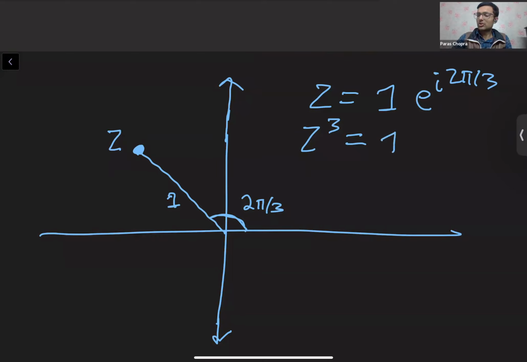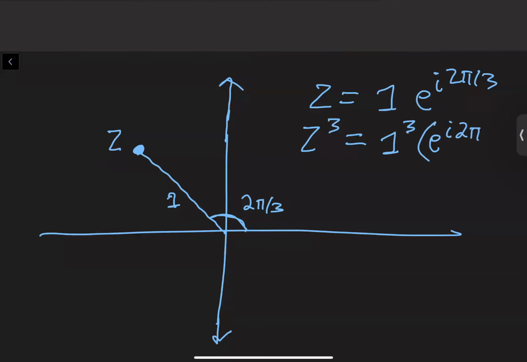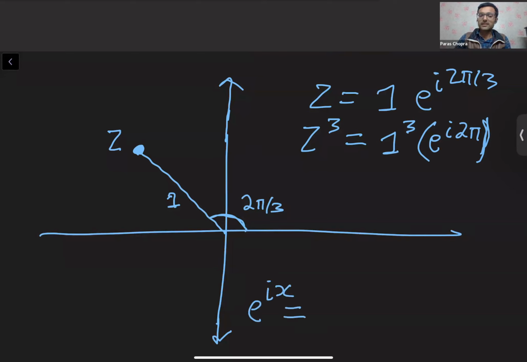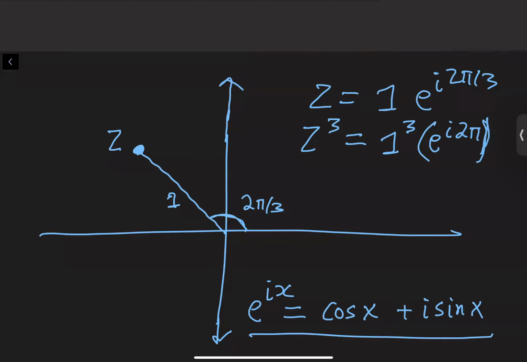So z cube will be 1 cube e to the power I 2 pi, right? And what is e to the power I 2 pi? So you know that e to the power ix is equal to cos x plus I sin x. ये आइडेंटिटी तो पता है ना?